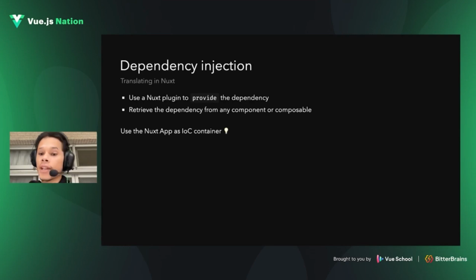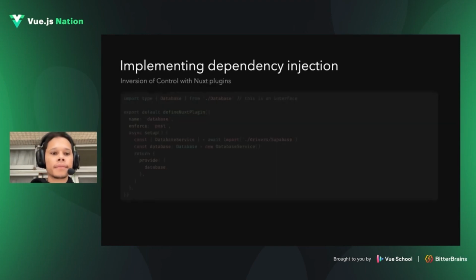For example, for tests, to use an in-memory database, or in the case of a migration, to move over to Firebase. By the way, this works very similarly if you're using vanilla Vue. You would just be using app-level provide instead of Nuxt provide.